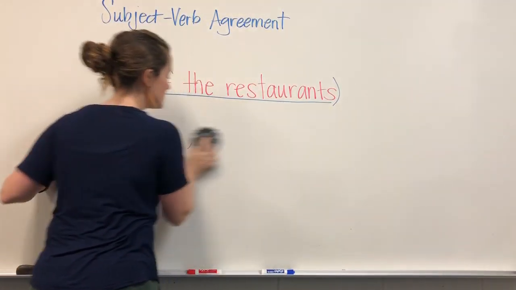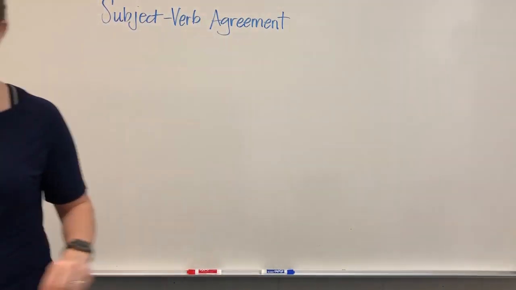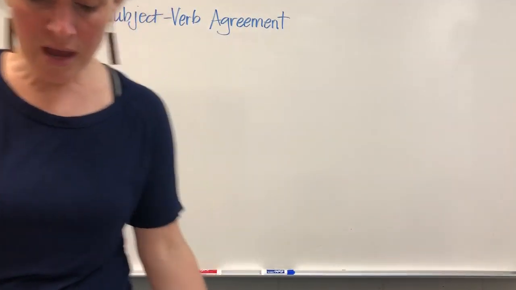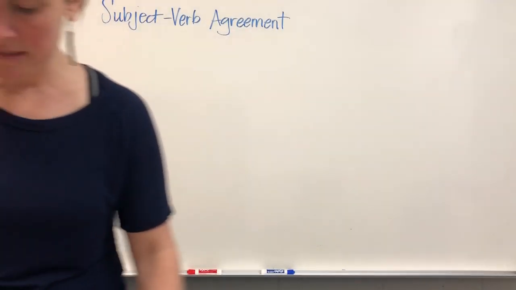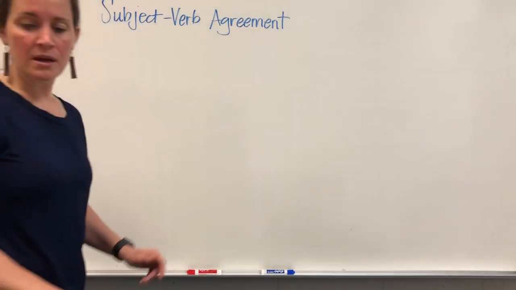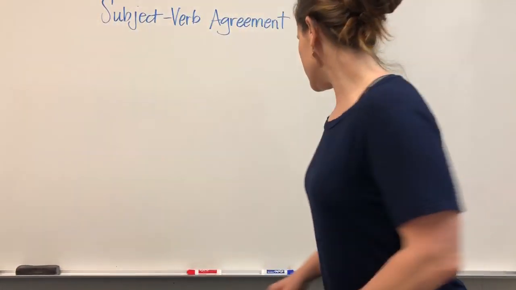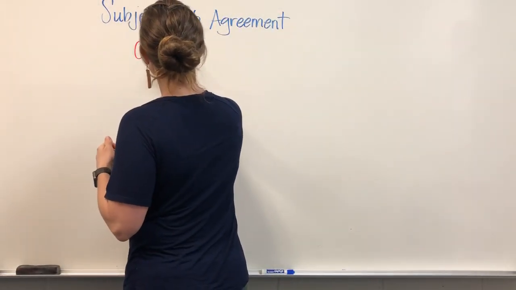So I'm going to take this off here, and we're going to move on to one more thing before we close for the day, I guess is what I should say. All right, so we have what is called a compound subject. Okay, you should remember our conjunctions.